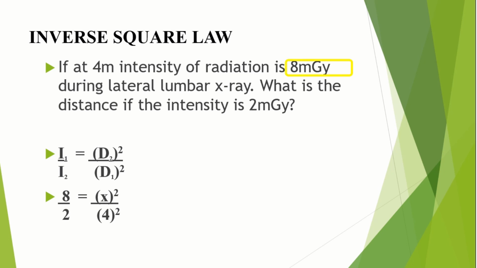So take note that 8 is your first or primary intensity, while 2 milligray is your secondary intensity. 4 meters is your primary distance, while your secondary distance is unknown. So ito yung hahanapin natin ngayon.